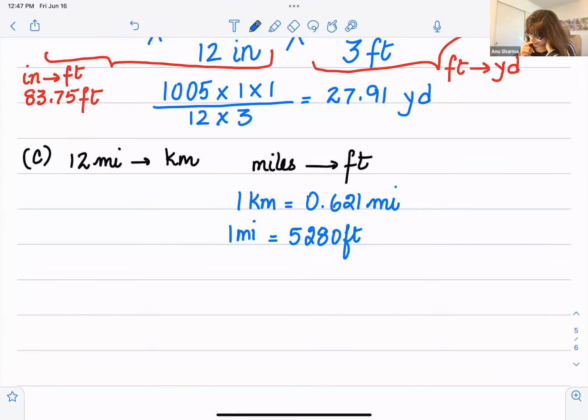Okay, so I'm making a mistake here. Miles can actually be converted directly. Miles can be converted directly to kilometers, and miles can be converted to feet also, using these equalities.